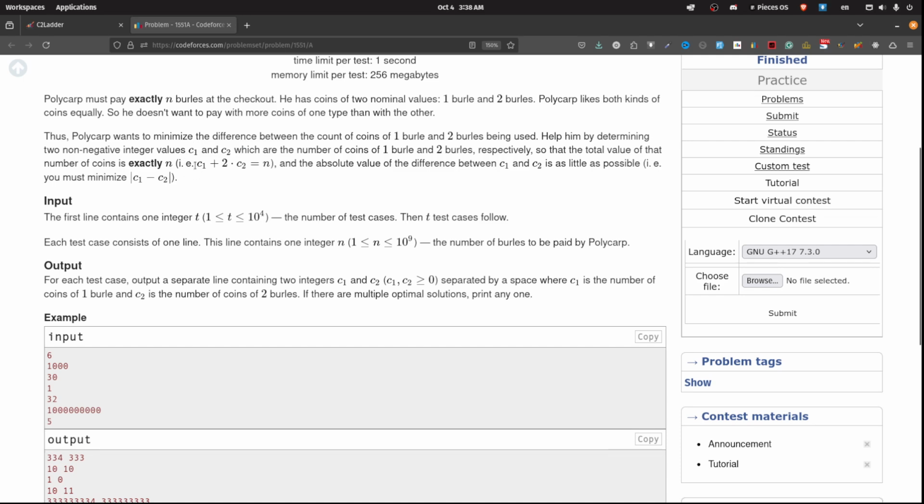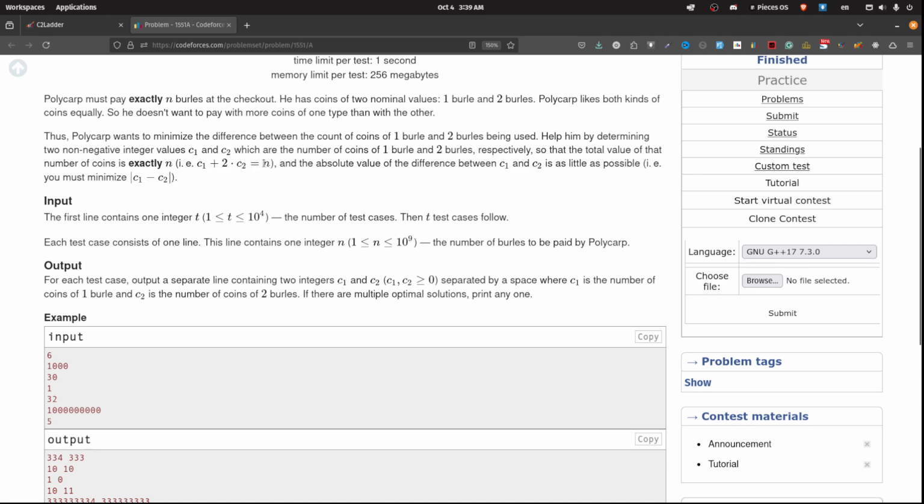Basically I have to find c1 and c2 so that the total value is exactly c1 plus 2 times c2 equals n, and the absolute value of the difference between c1 and c2 is as little as possible. Mainly I have to take the minimum value of c1 minus c2. So this is the equation: c1 plus 2 times c2 equals n.